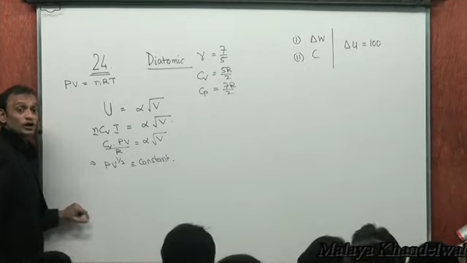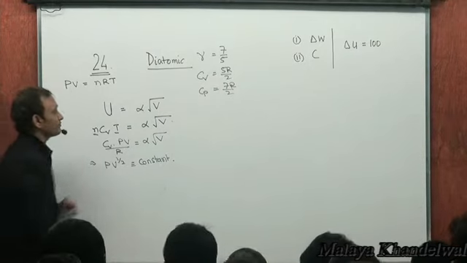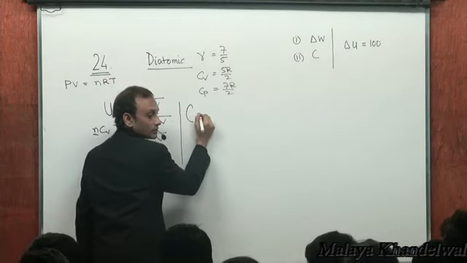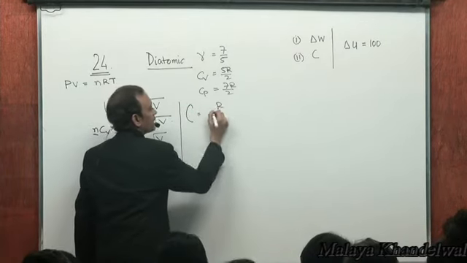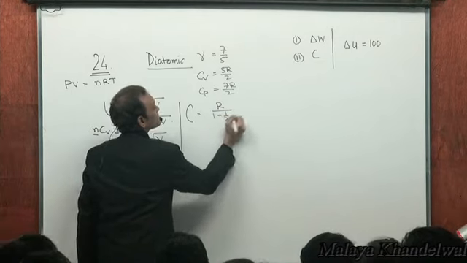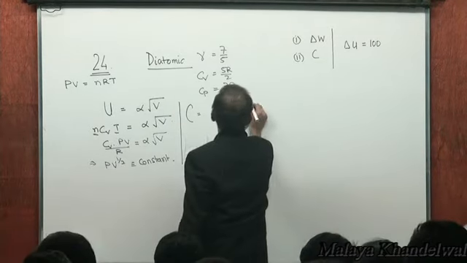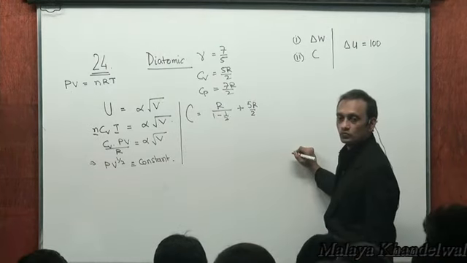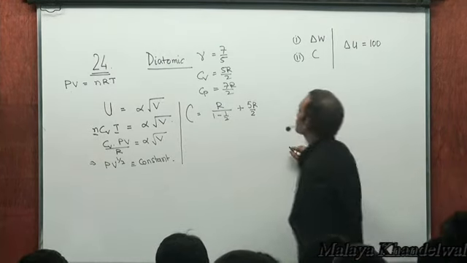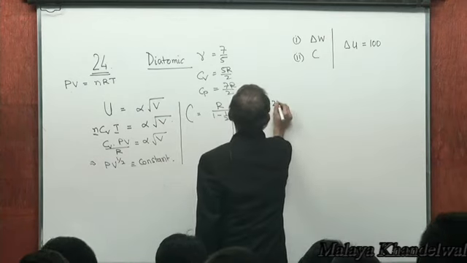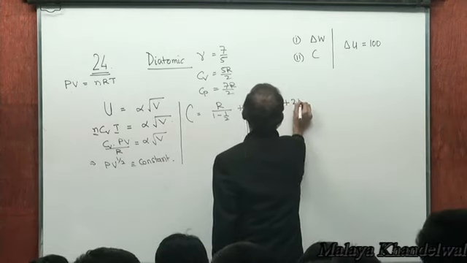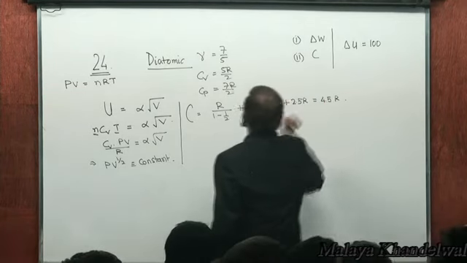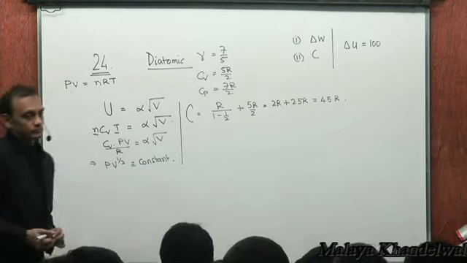Polytropic process, therefore, with n equal to half. Therefore, the molar specific heat for the process is R by 1 minus half plus Cv. Cv is 5R by 2. So that makes it 2R plus 2.5R, that makes it 4.5R, the C for the process.